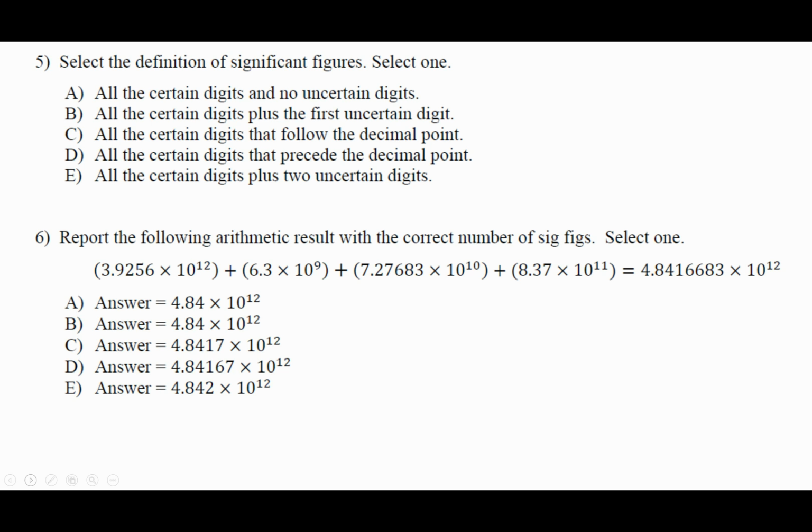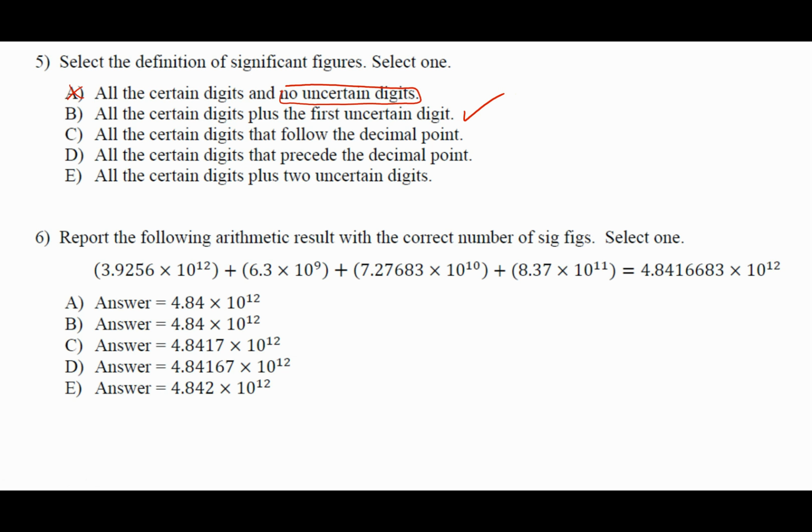Okay, 5. Select the definition of significant figures. So all certain digits and no uncertain digits. Well, that is incorrect. All the certain digits plus the first uncertain digit. That is correct.